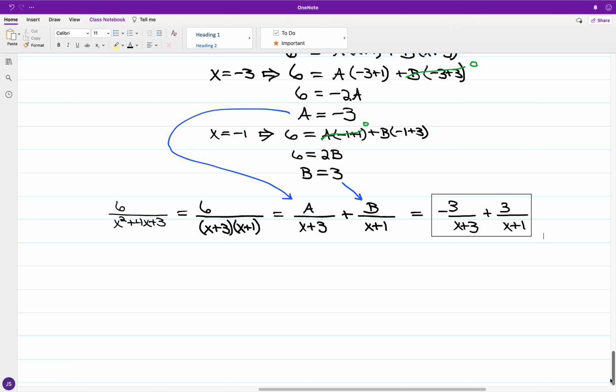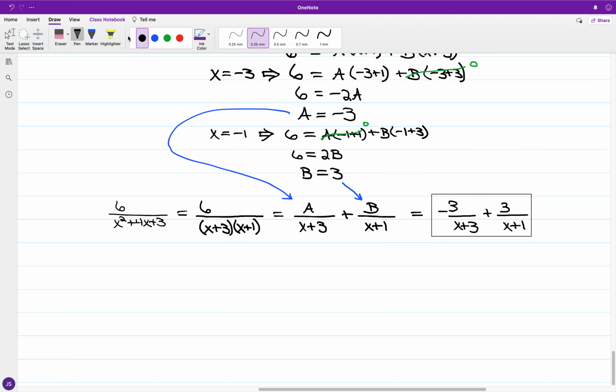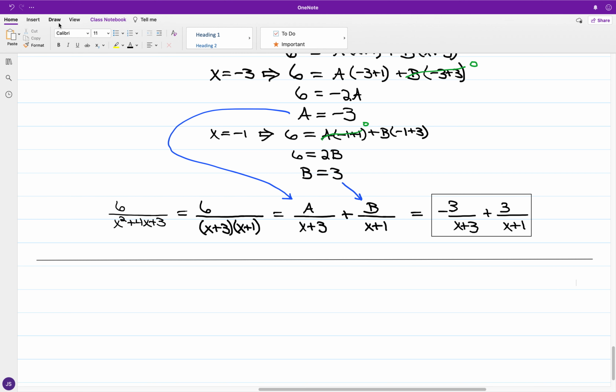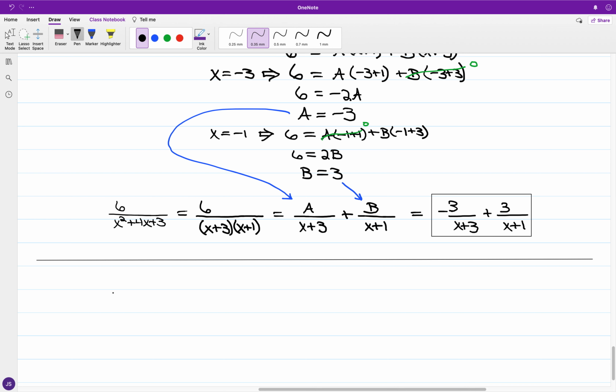And just another case that we have regarding partial fractions. For this one, we'll say that we have 5x minus 2 over x squared minus 4.